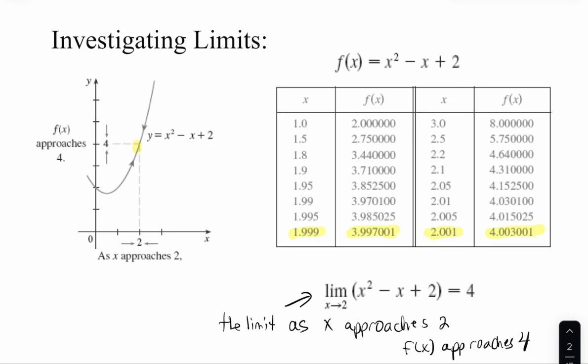As I come in this way, I am approaching a height of 4, and as I come in this way, we are approaching a height of 4. It's a little different kind of thinking, that limit notation, because not all functions land where they approach; there could be a hole there, a gap, or an issue there.